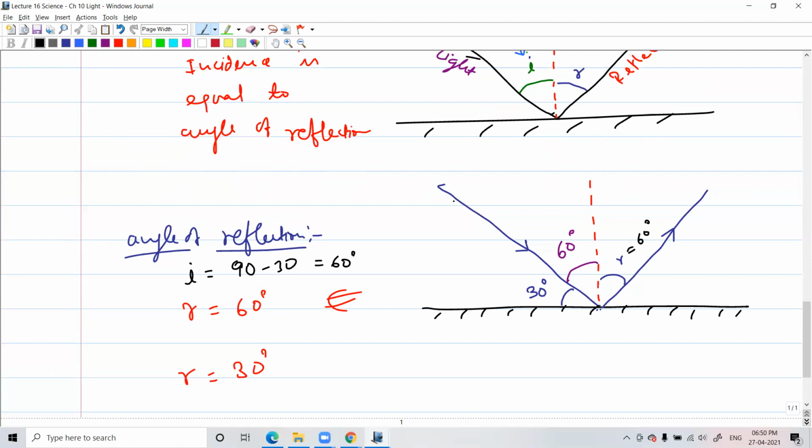The direction of the arrow will tell you which one is the incident ray and which one is the reflected ray. Remember the names also, incident ray, reflected ray, and there's a name for this point also. Anyone knows what is the name for this point? No, normal is this line, the perpendicular line. This line is called normal.